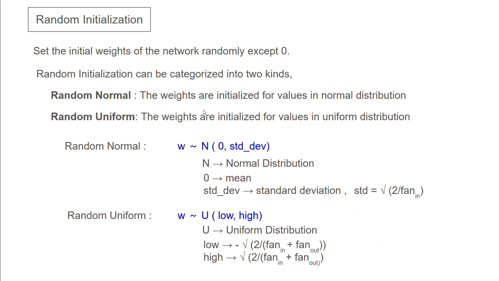Then random initialization. In random initialization, it will initialize the weights of the network to some random value except 0. But here there are two kinds, the normal distribution and the uniform distribution. For the normal distribution, it ranges from 0 to a standard deviation, whereas for uniform it will range from low to high, which we can say is from a minus value to a plus value.